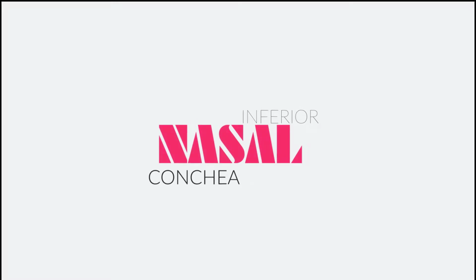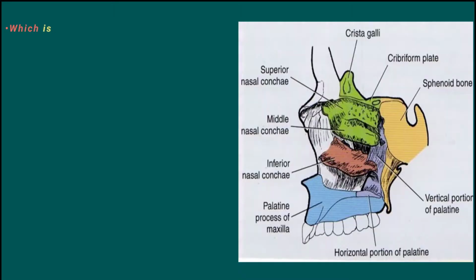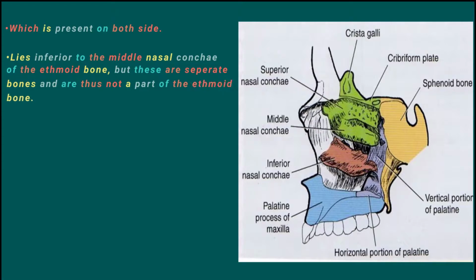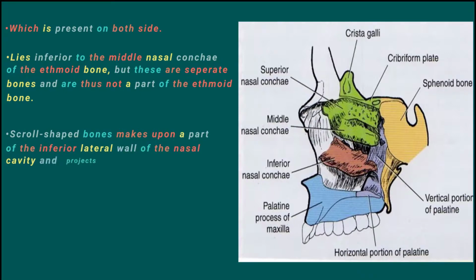The next bone is the inferior nasal concha, which is present on both sides. It lies inferior to the middle nasal concha of the ethmoid bone, but these are separate bones and are thus not a part of the ethmoid bone. These scroll-shaped bones form a part of the inferior lateral wall of the nasal cavity and project into the nasal cavity.